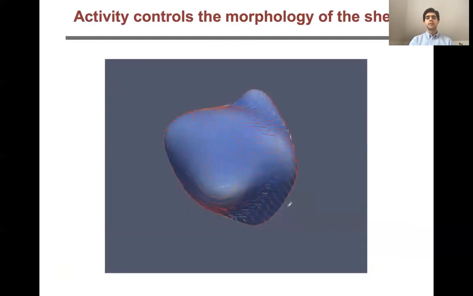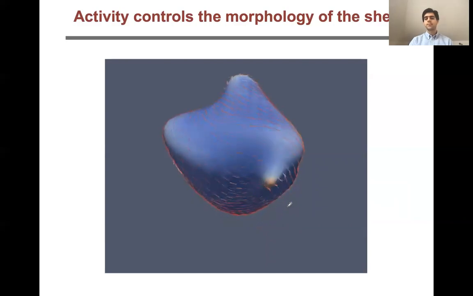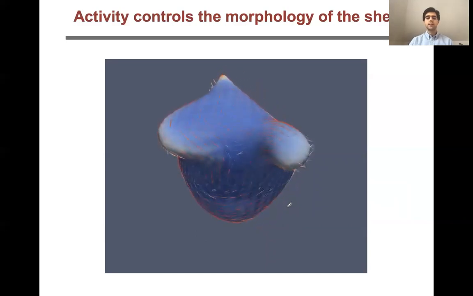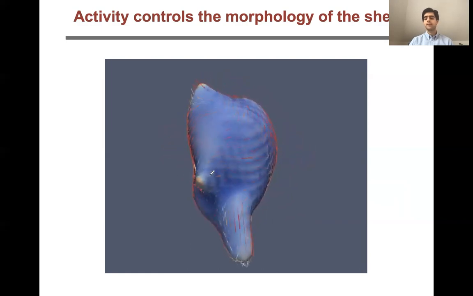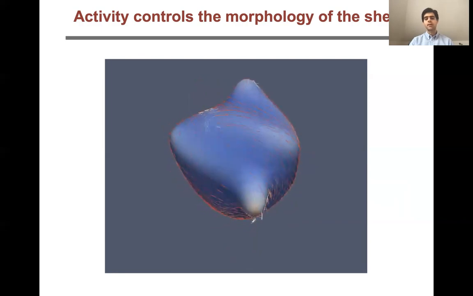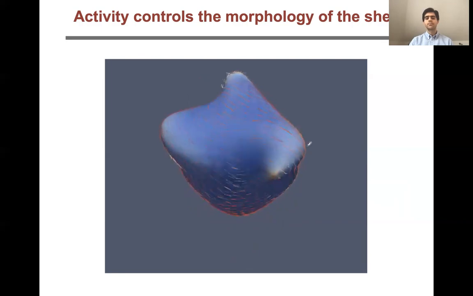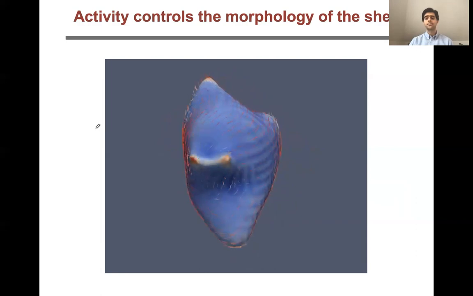You can have a three-dimensional, self-evolving, active matter shell that creates these very nice protrusions. You can see even -half and +half defects forming on this surface. You can see this +half defect moving around, creating a protrusion, and then as it moves on, it forms a +1 defect and leaves a -half defect behind.